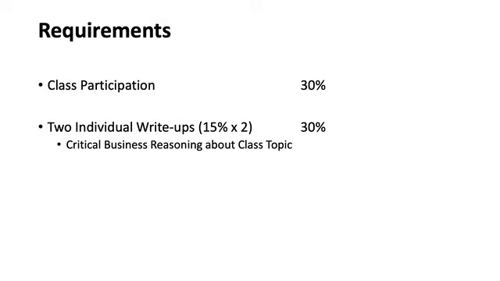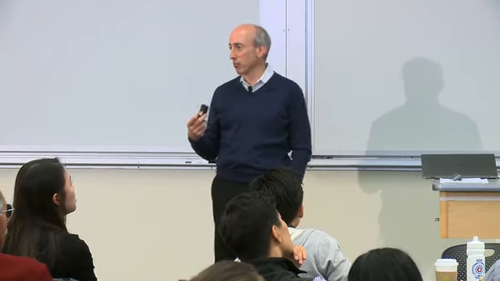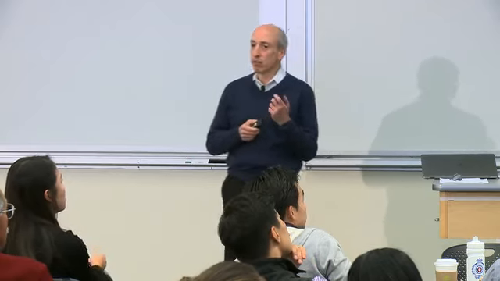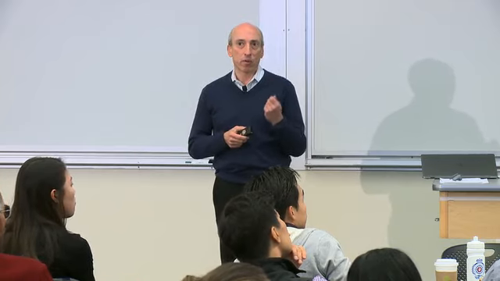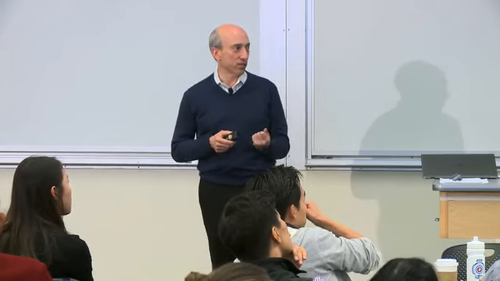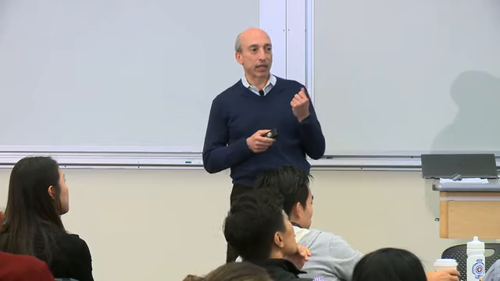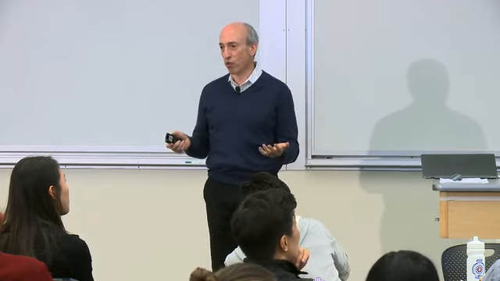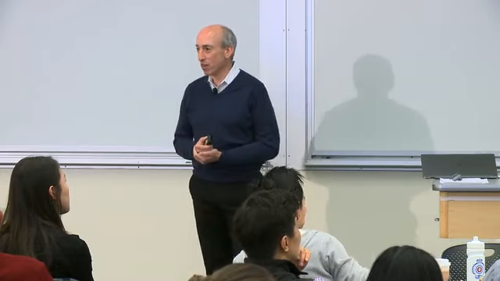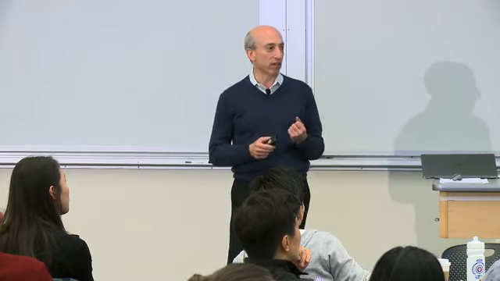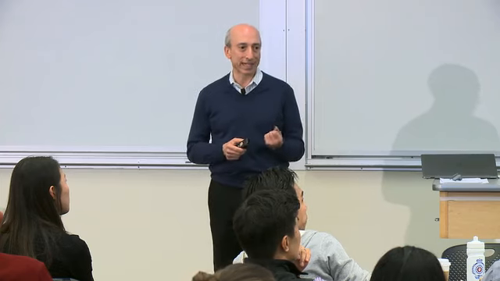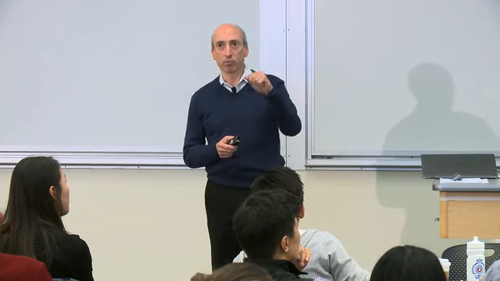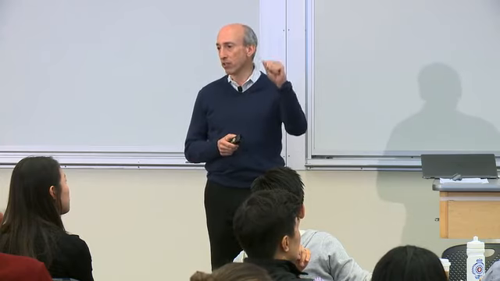The 2 individual write-ups, I think we have 7, but it's quite possible some of you have submitted already. It's just meant to be critical business reasoning. We are in a business school. To the extent you just summarize some readings, I'm sure we'll give you a pass on that, but that's not what I'm looking for. I'm really looking for critical reasoning and thinking from a business perspective: why does this matter?